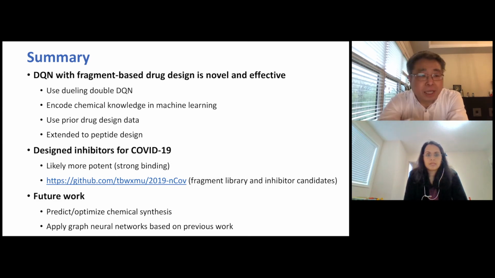If you look at COVID-19 viruses, they could be prevalent everywhere. That's why people found all kinds of symptoms, from losing taste to even neural or psychological effects. So they are very prevalent in a lot of places. That means it is more important to have a potent drug that can really kill those viruses more effectively.